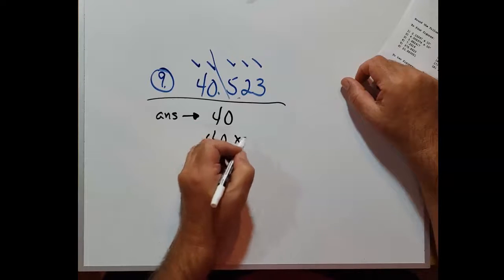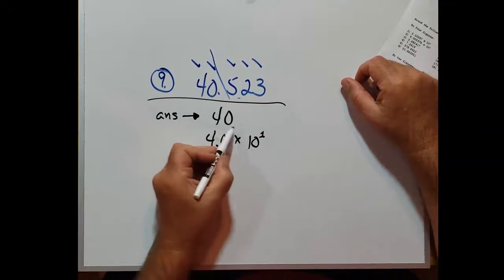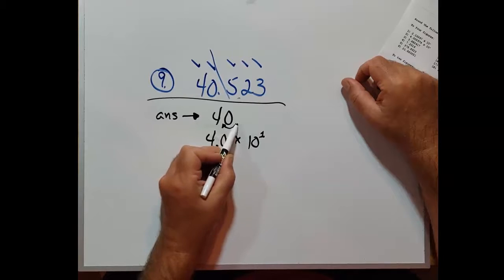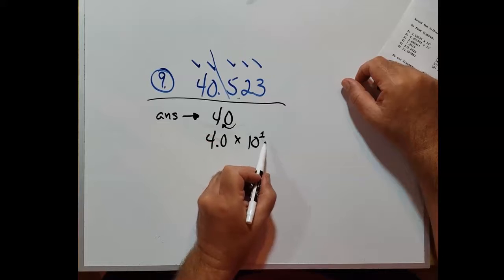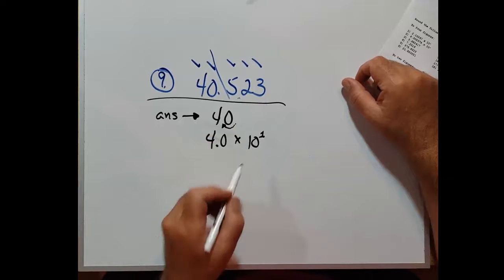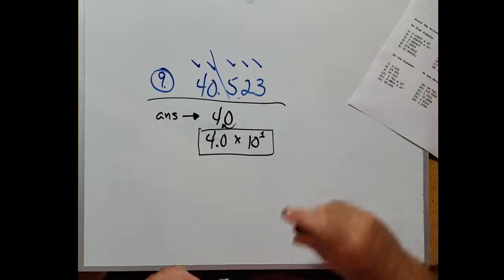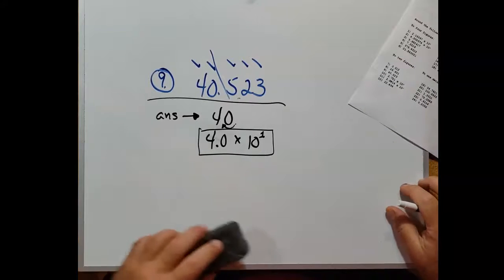When I do that, I get 4.0 times 10 to the first. Remember, for changing to scientific notation, we move the decimal point so there's 1 non-zero digit in front, so I'd go from here to there, 4.0, and since I moved it 1 place to the left, the exponent is a positive 1. So really, that is the best way to answer that one.